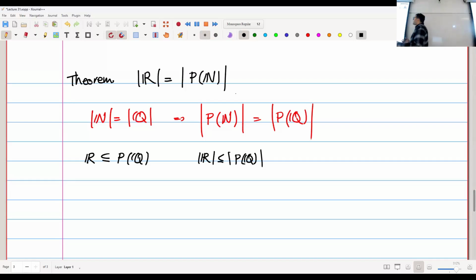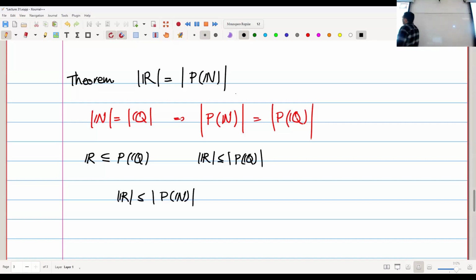Just consider the identity function that maps every element in R to itself. It's going to be a one-to-one function from R to P of Q. And again, the size of P of Q was the same as the size of P of N, so the size of R is less than or equal to the size of the power set of the natural numbers.